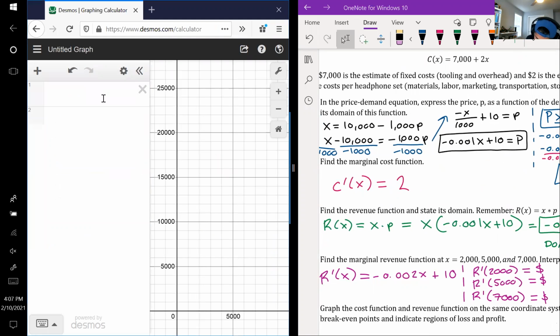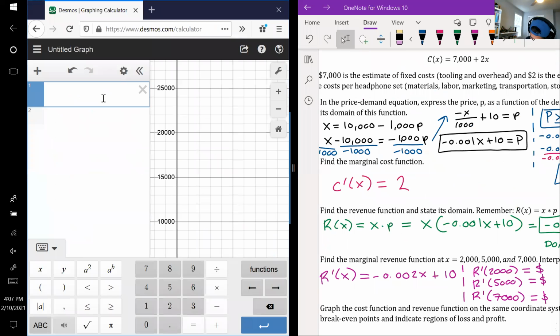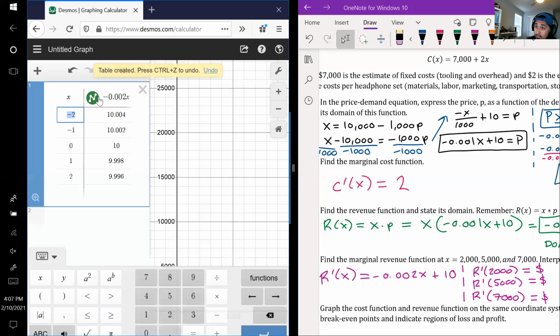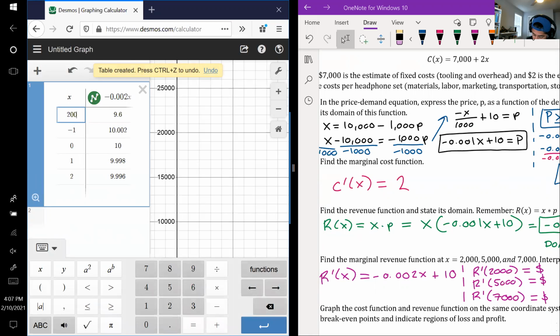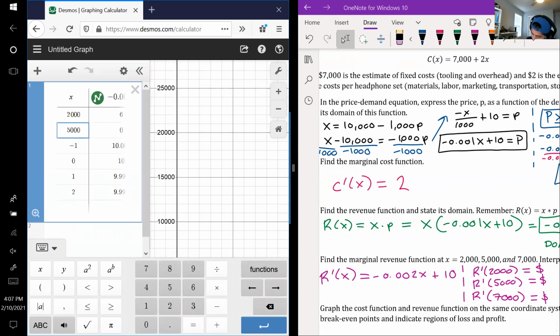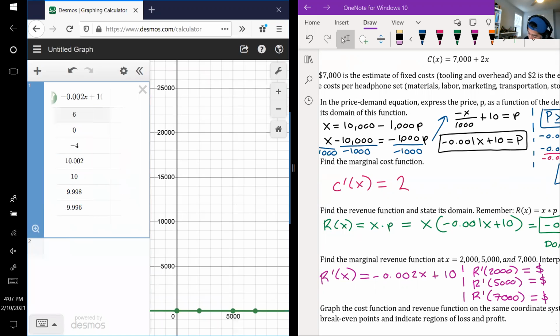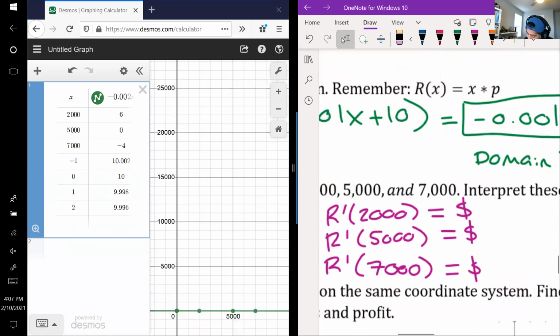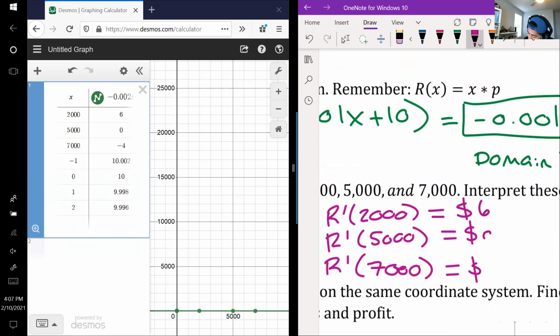I'll type in this function, negative 0.002x plus 10. Make it into a table, and type in 2,000, 5,000, and 7,000. And here's what I get: 6, 0, -4. Okay. Now I'll come back to the notes.